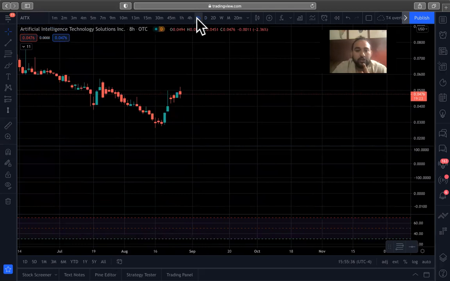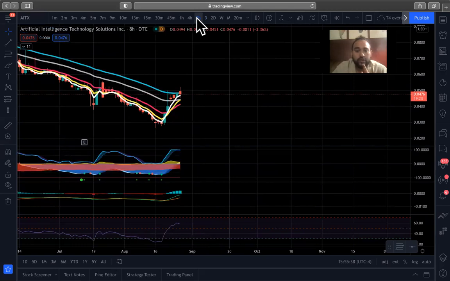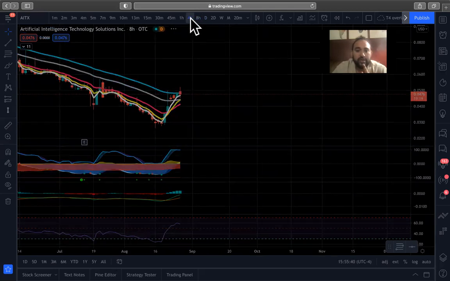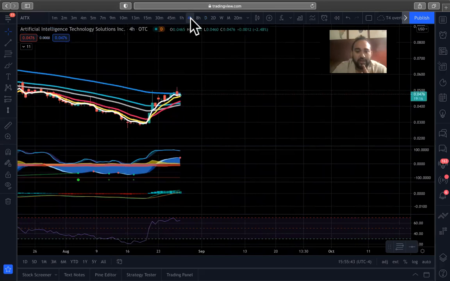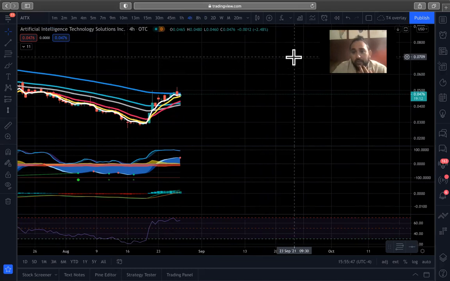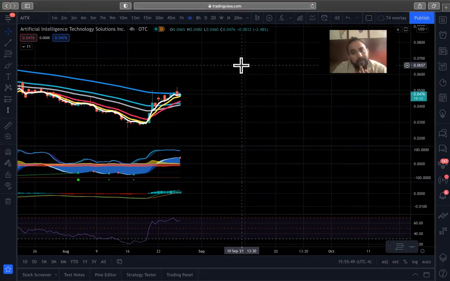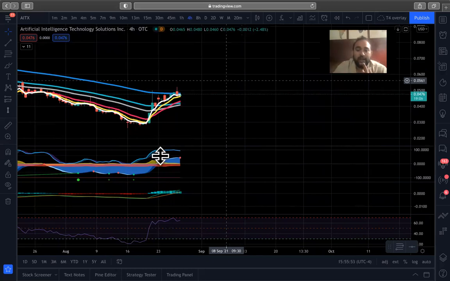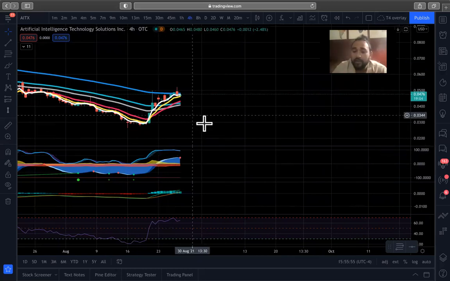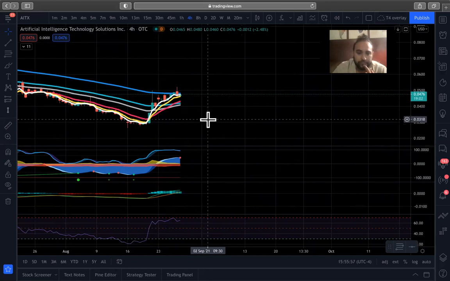Because in the smaller charts, what we're going to focus on is the EMAs, because the EMAs are telling us a story right now. See, this is a 4-hour chart. So the market's about to close. So maybe post-market or the next trading day, this is going to experience a small fall.